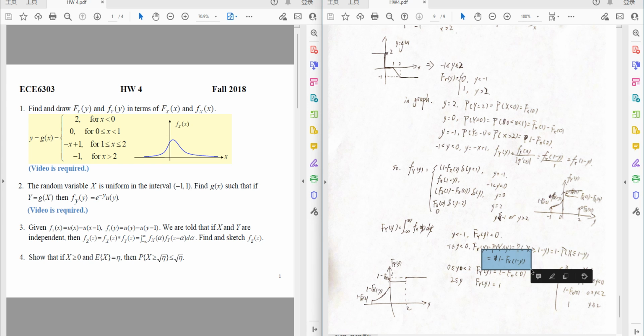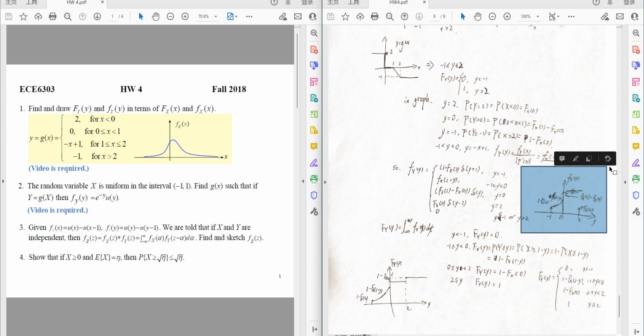So we get this. And when y is between 0 and 2, it's just this one. We can know it from this figure as the density function.